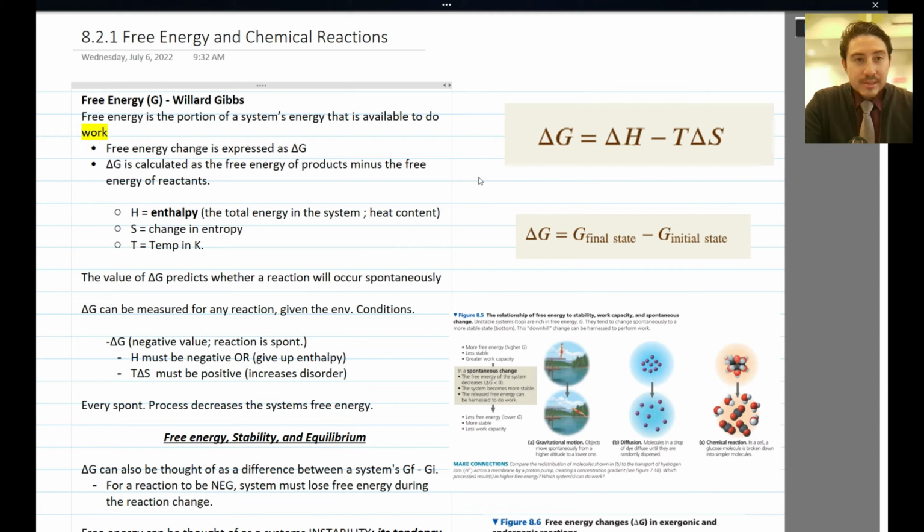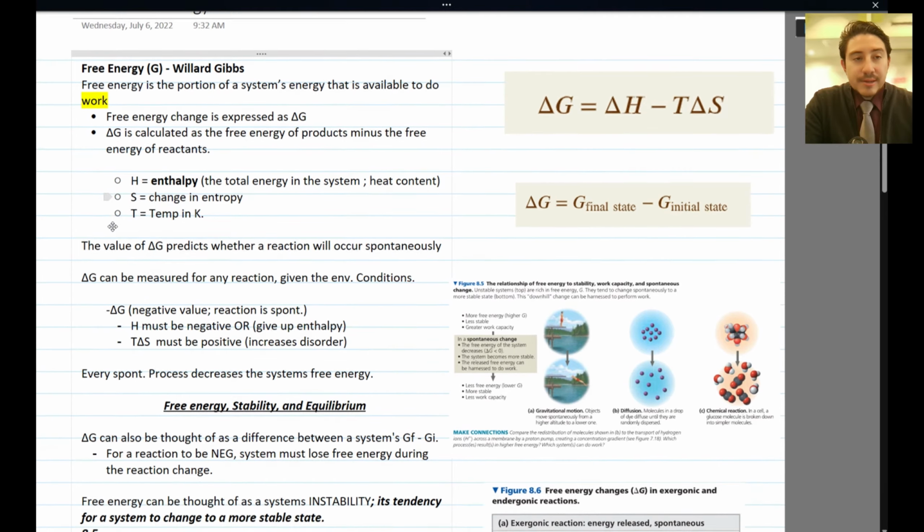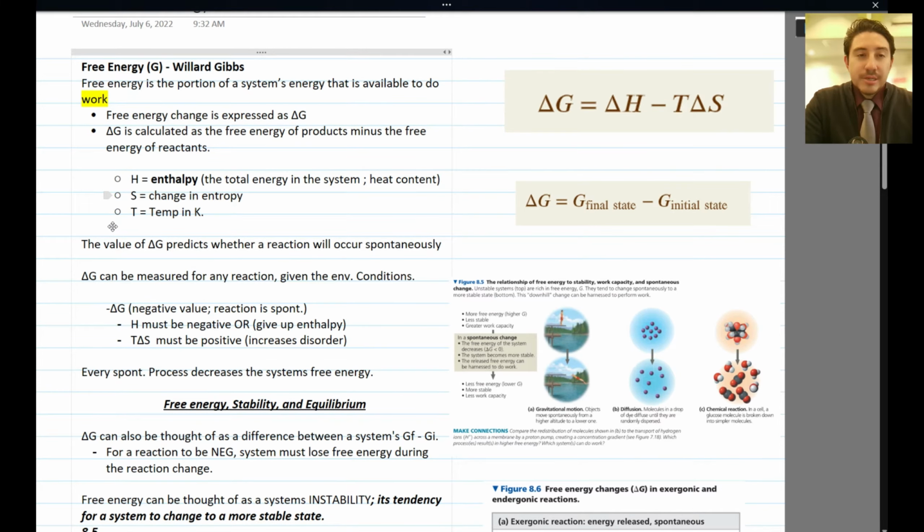So it's the energy that is actually applicable to do something, and it's expressed as free energy change, designated by delta G. Delta G is calculated as the free energy of the products minus the free energy of the reactants. As you see here, delta G is G in the final state minus G in the initial state.